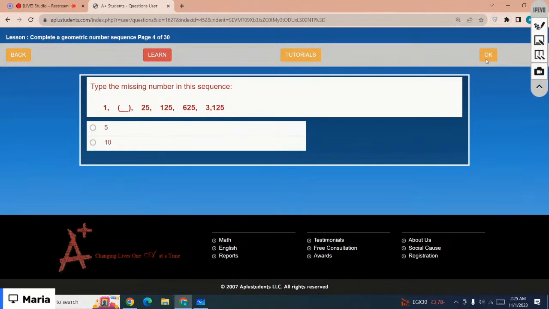The numbers are the multiples of 5. We have to multiply the previous number by 5 to get the next one. Yes, the missing number is 5. Very good.